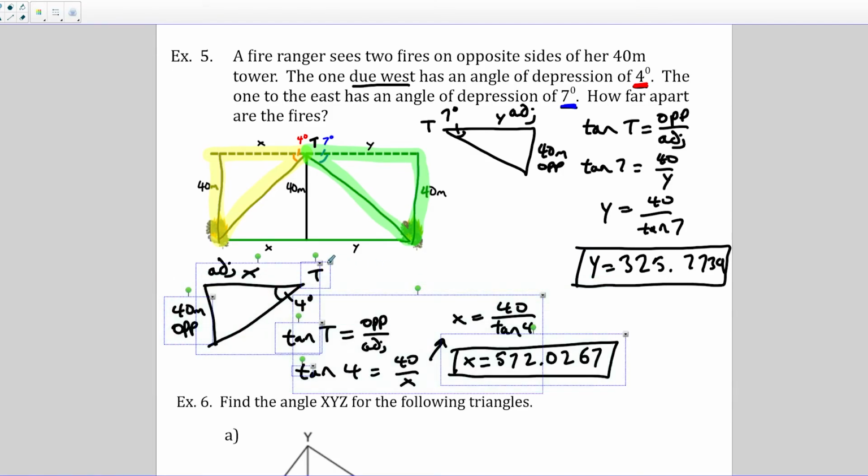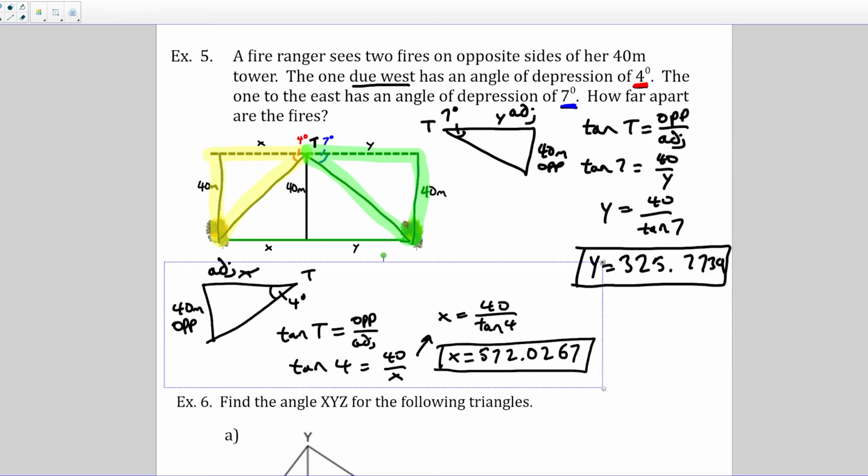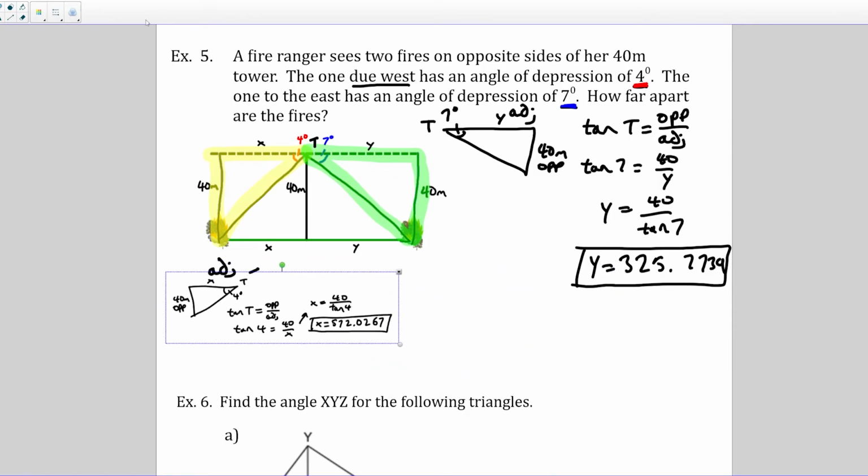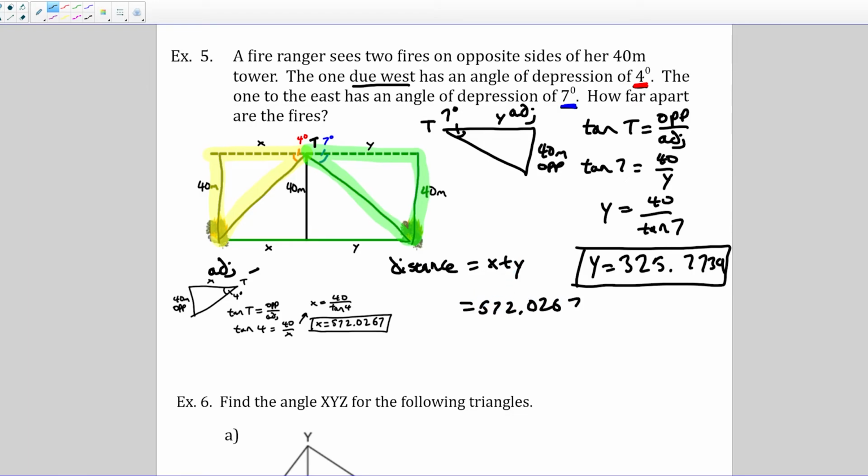Let's move this out of the way a little bit so I have room to write. We're going to add X and Y together. So the distance is equal to X plus Y, which is 572.0267 plus 325.7739, and we end up getting 897.8, and this would be in meters.